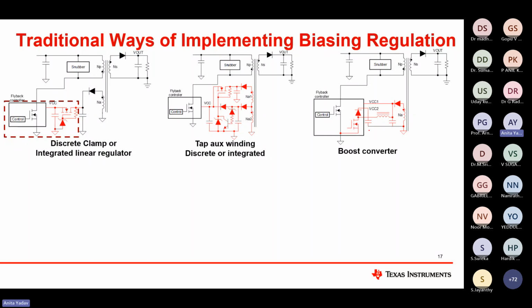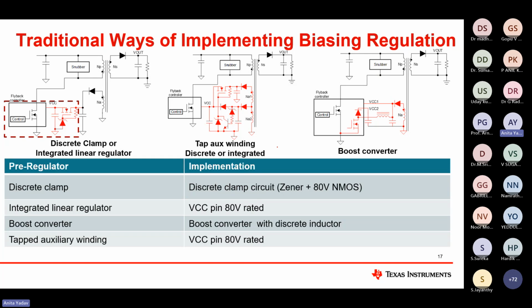But all these circuits have their own disadvantages. If I'm going for the discrete clamp circuit or linear regulator, I need one extra zener, FET, as well as other components, and this FET needs to be rated for higher voltage. Even if 60 volt is coming, there will be some ringing, so you need almost an 80 volt NMOS here.